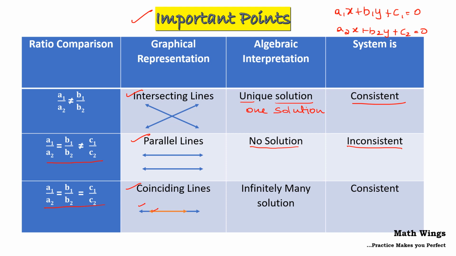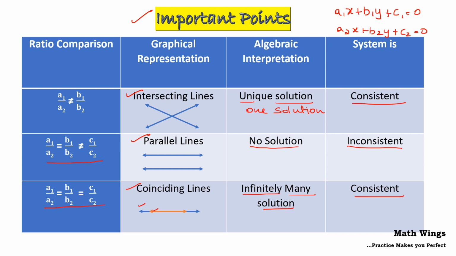Since both lines intersect each other at many points, these two equations will have infinitely many solutions and the system is consistent. Hope this is clear for all of you, right?